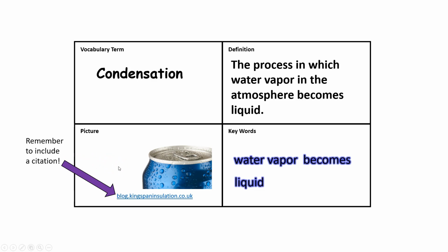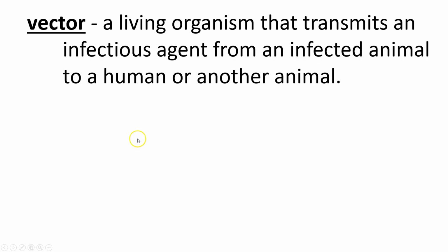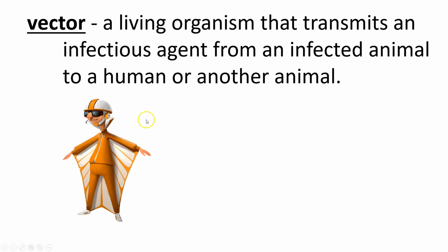But another definition that we've had before in a different class was vector. This is all about something that carries a disease or infectious agent from one animal to another. Now, if you go to Google Images and you type in vector, that might be the first image that comes up. Hey, there's the bad guy from Despicable Me, Vector.